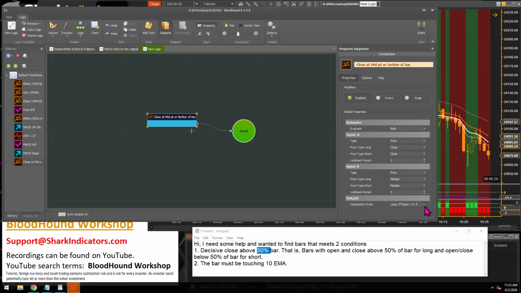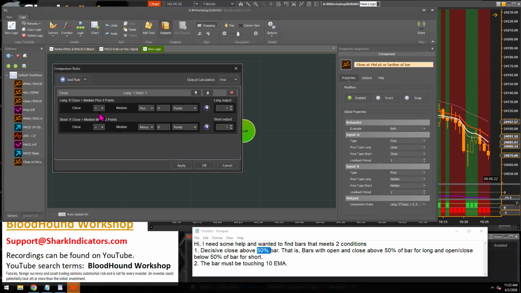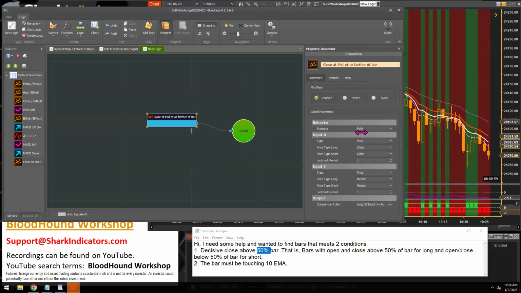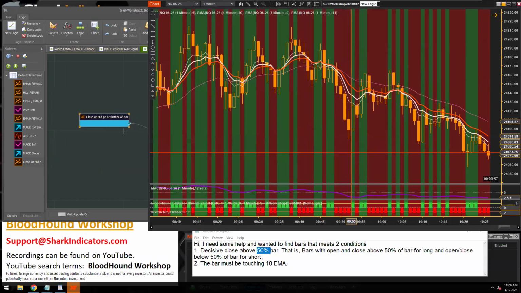Let's just double check the rules here. Yeah, so the close has to be greater than the median. So since it's greater than, that would be 51% or more, right? So if you want to include 50%, then we need to include the equals condition, right? There. All right, let's shrink this up here.